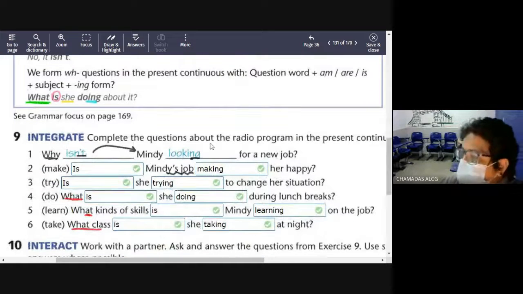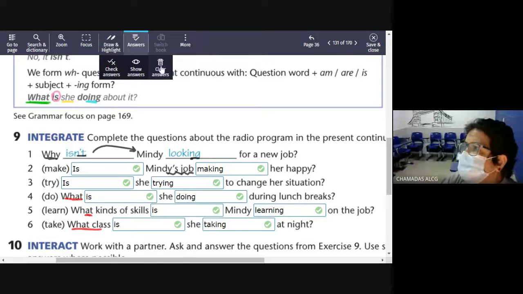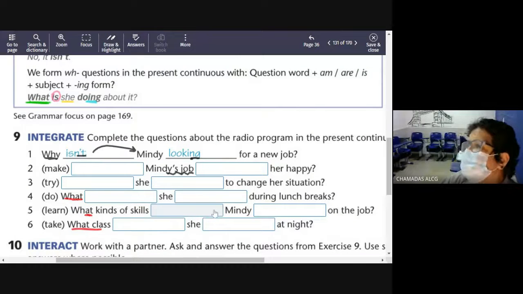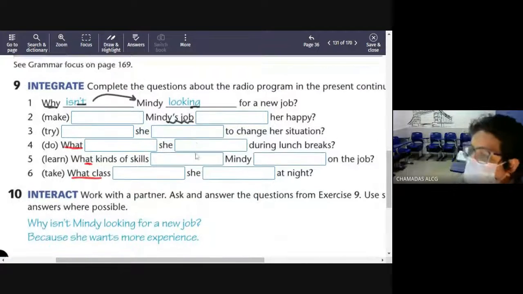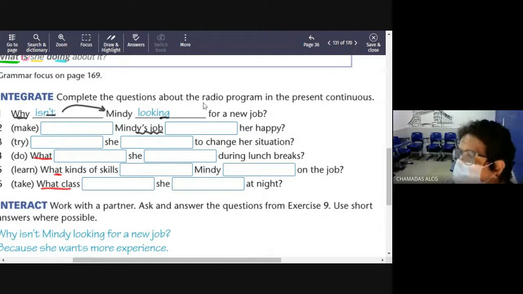So, for more information, you can go to page 169. Let's do this activity here. Let me try to clear the answers. All right. Let's do this one quickly. Complete the questions about the break program in the present continuous.